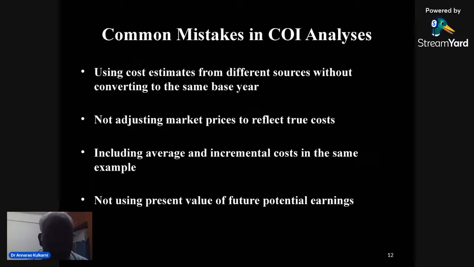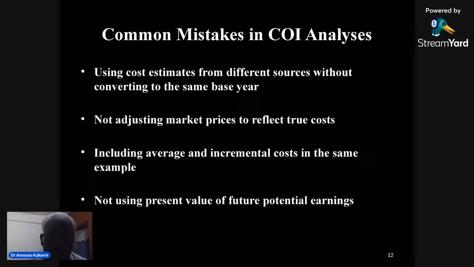When conducting cost of illness analysis, we should avoid some common mistakes. First, if cost data are available from multiple years, we must convert them to the same base year for comparison. Second, in some cases, the market value for some resources may not reflect the true value of resources.